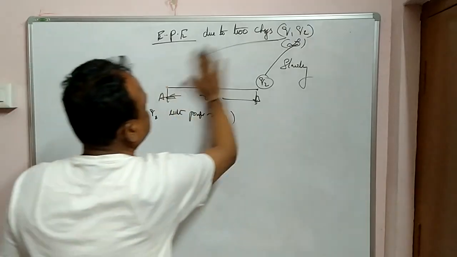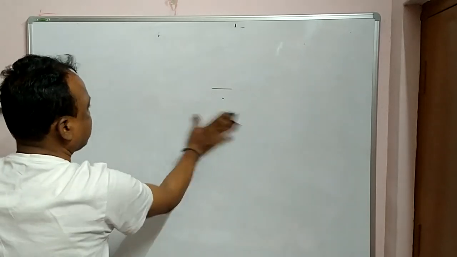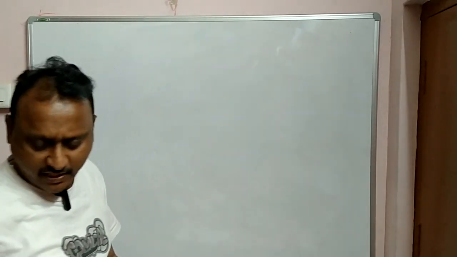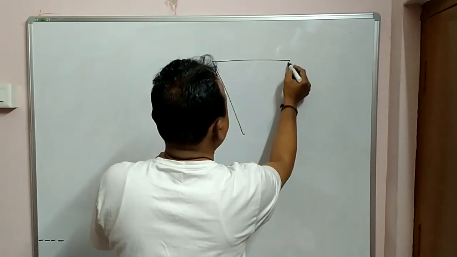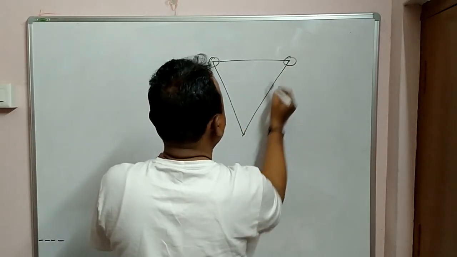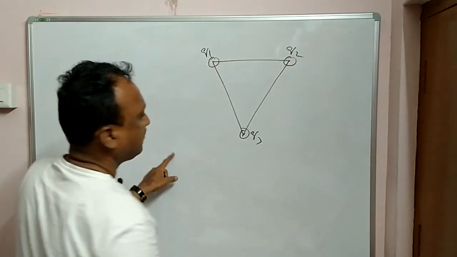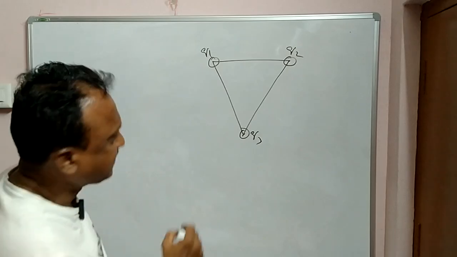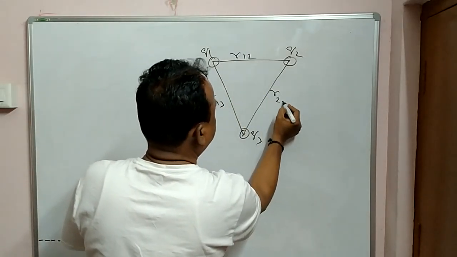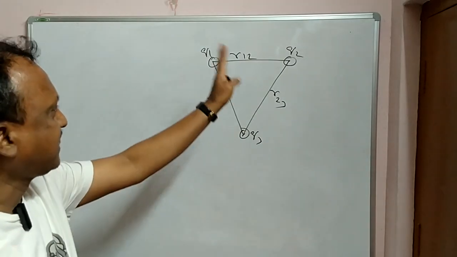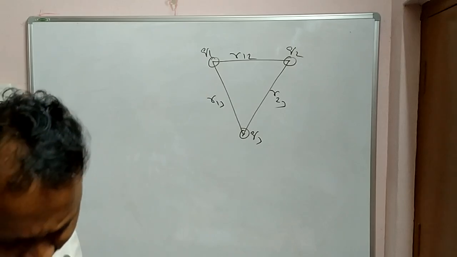Right? Now, electrostatic potential energy due to a system of charges. Suppose more than two are there, for example in this fashion: 1, 2, 3, Q1, Q2, Q3, and the distances R13, R12, R23. So a system of charges Q1, Q2, Q3 is there. Now how to get the net electrostatic potential energy?